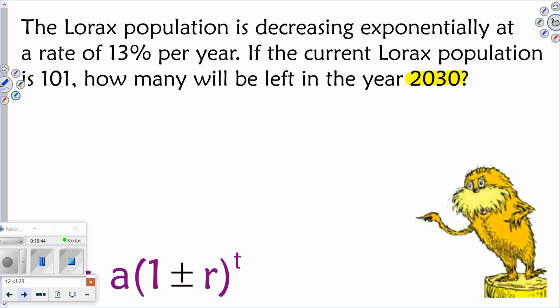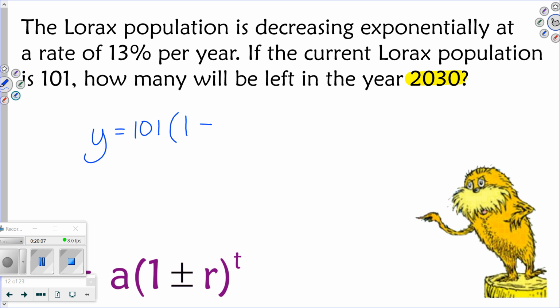All right, so the Lorax population is decreasing exponentially at a rate of 13% per year. If the current Lorax population is 101, how many will be left in the year 2030? So, again, going back to my formula, y equals, my initial amount was 101 of them. Is it going to be plus or minus?